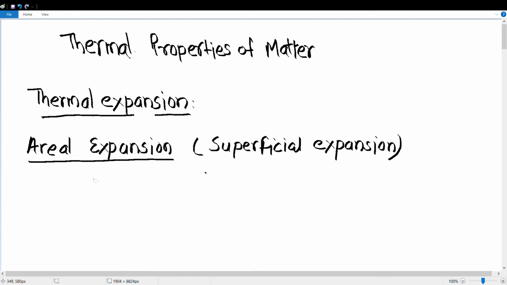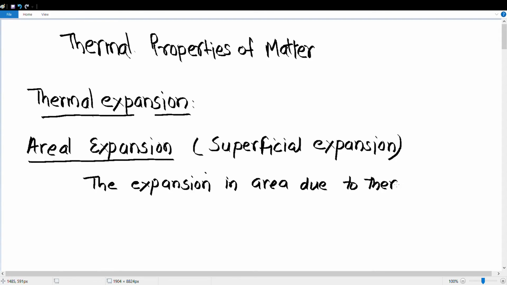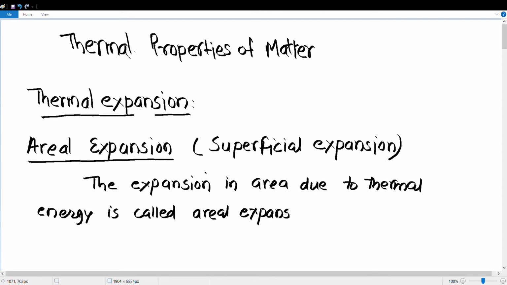The expansion in area due to thermal energy is called areal expansion, or it is also called the superficial expansion.